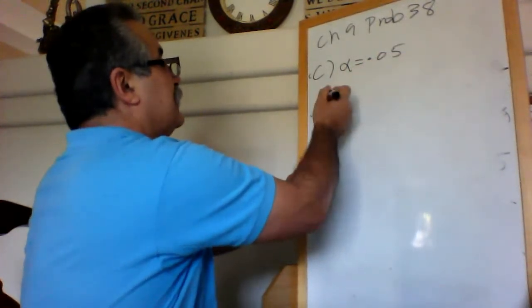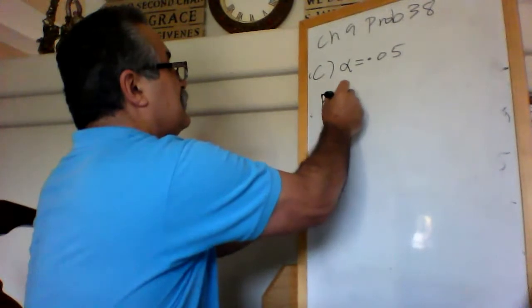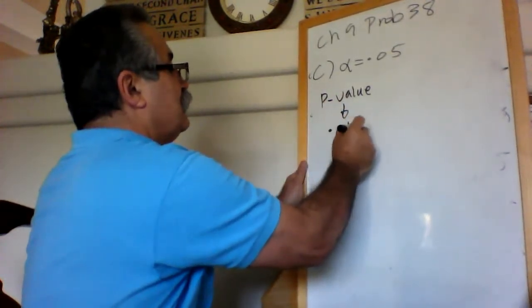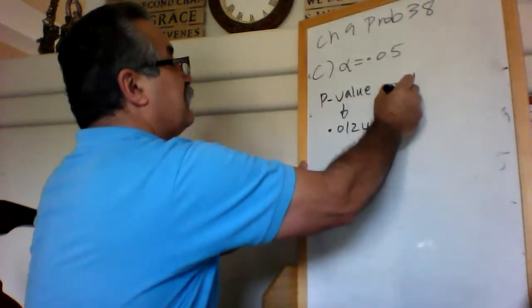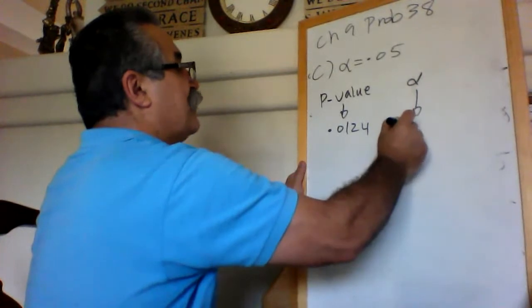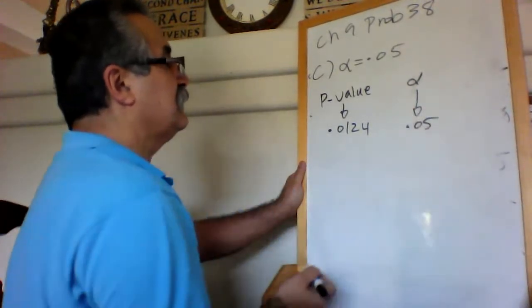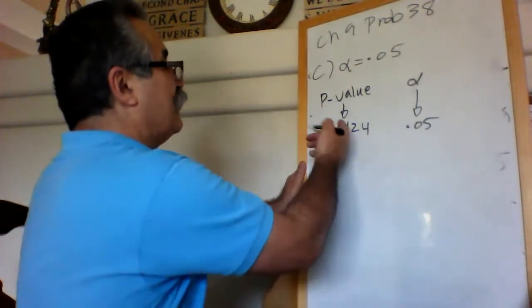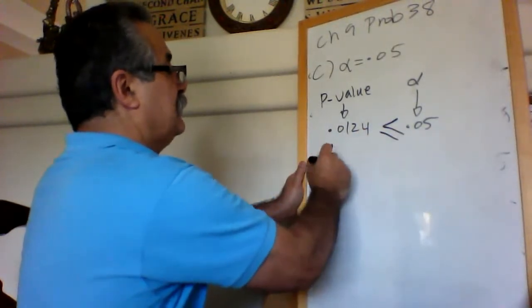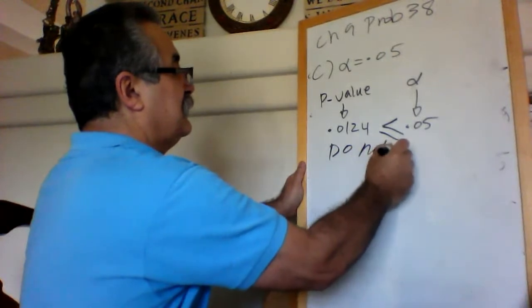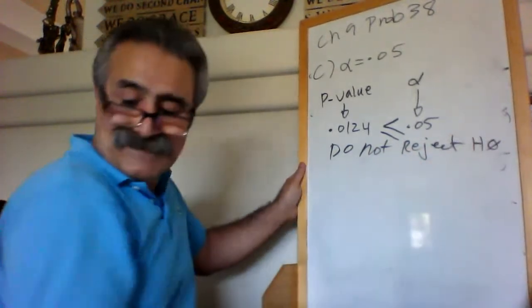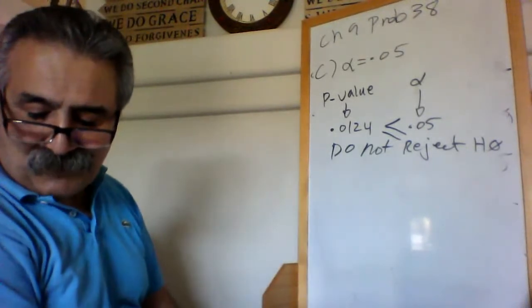The conclusion: our p-value is 0.0124. Our alpha is 0.05. So therefore, our p-value is less than alpha. Do not reject H0.